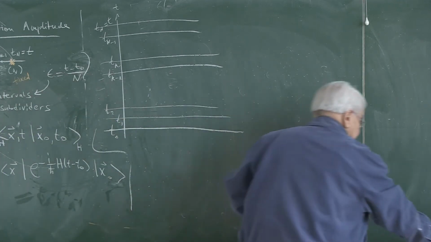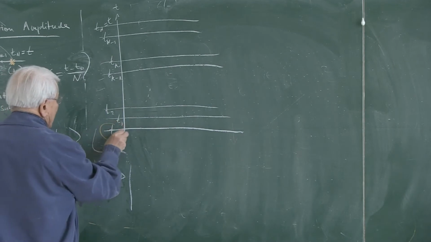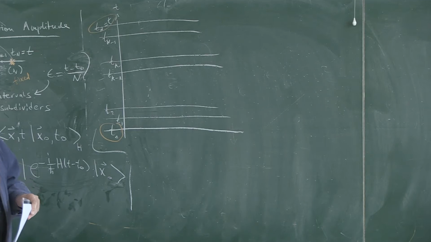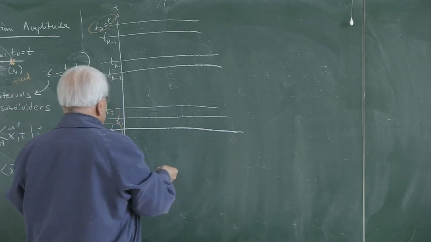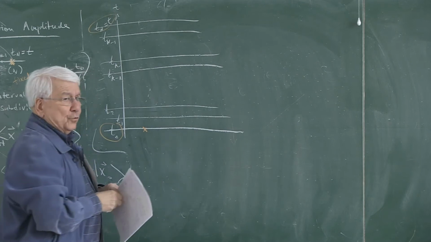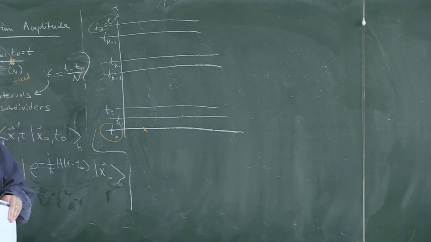Initial and final points are fixed, so therefore, let me use a notation to indicate that this is the initial time, final time. This is the label I used to denote the initial and final. I could have used different labels. Suppose I have started from here. Again, use it with color to indicate that it's a fixed thing, and the intermediate ones are not fixed.